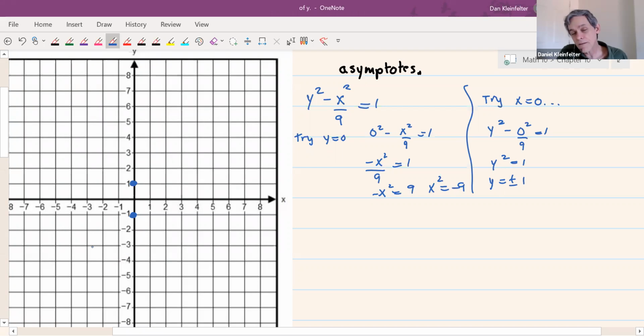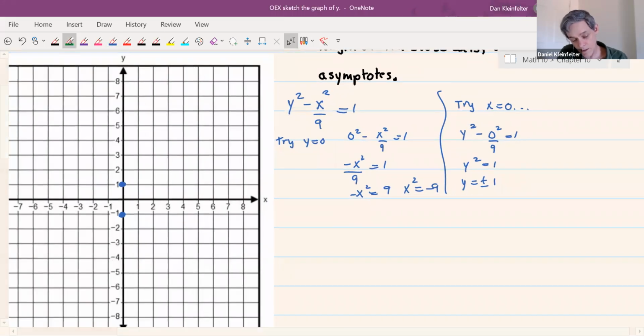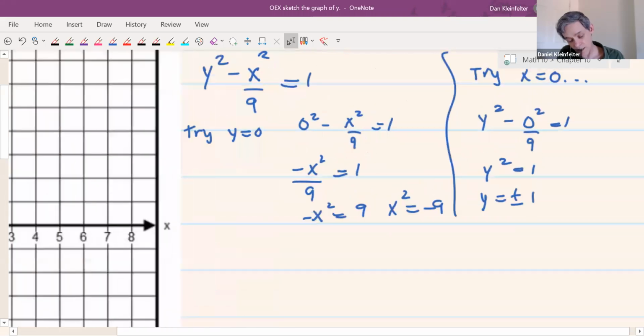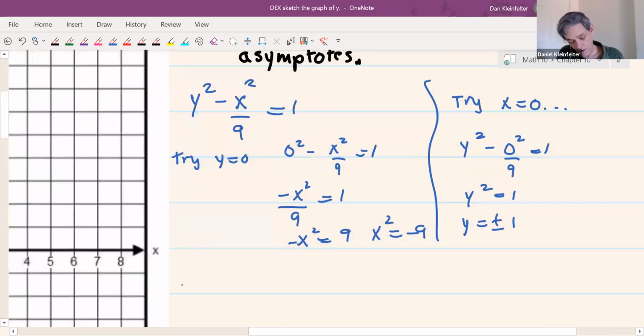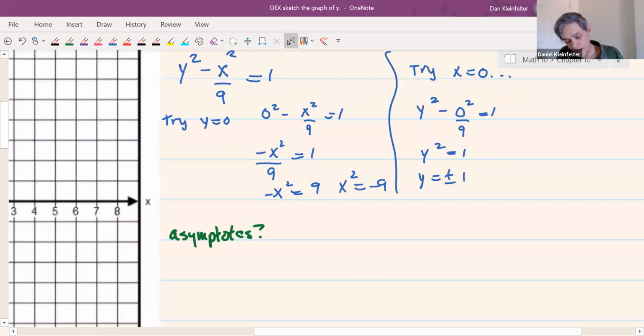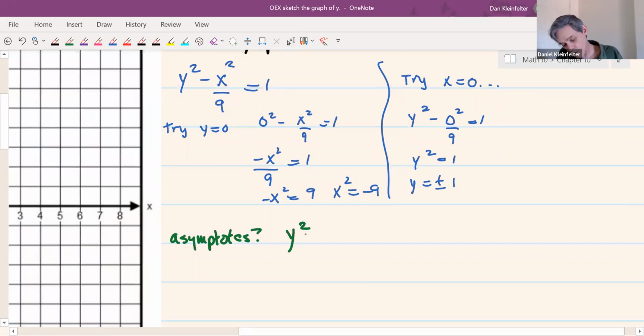So the next thing I'm going to do is think about asymptotes. To do that, rather than trying to draw in that central box, let's take a look at the denominators that we have in our equation. So we want the asymptotes. Our equation was y squared minus x squared over 9 equals 1.